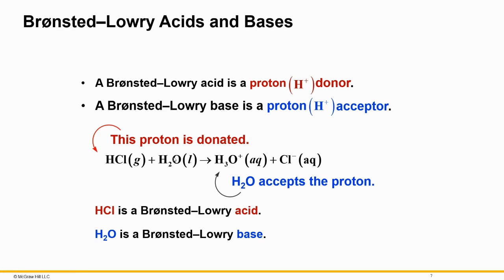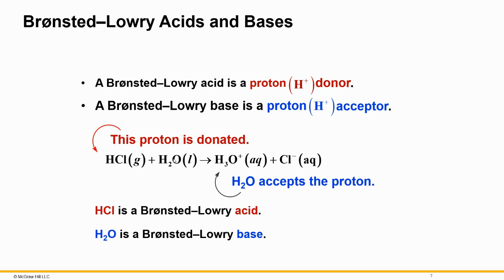So that's the other definition. This is the more complete definition of an acid and a base. So we're just watching where those protons are going. So again, if we're giving away the H+, that's the acid. If we're getting the H+, that's the base. So that's something that you want to keep straight.